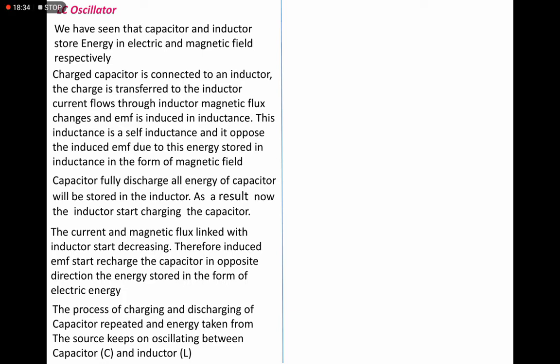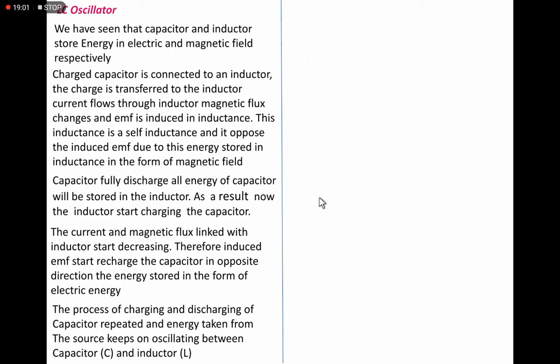This happens because of the oscillation of the charges across the inductance and the capacitance in the LC circuit. Because of these oscillations, our topic is LC oscillations, and hence this LC circuit is known as the LC oscillator.